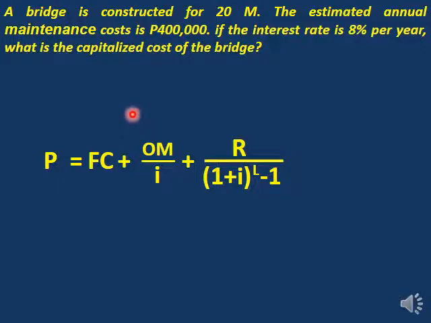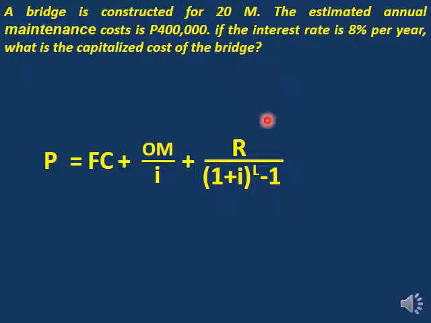Now, let's identify the provisions here. The maintenance cost, 400,000. We have an operating maintenance. If the interest rate is 8% per year, we have the i, and we have the 20 million as the first cost, and there is no mention of reconstruction or repair of the bridge.